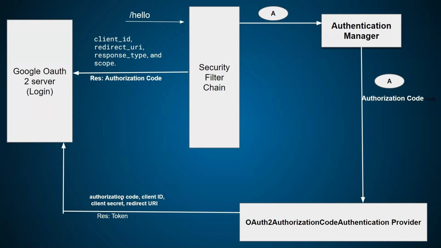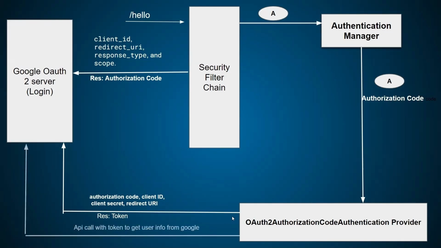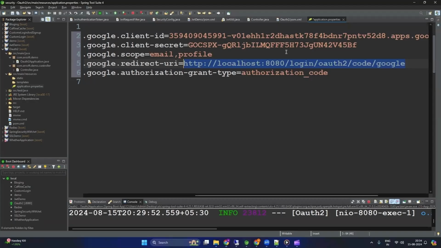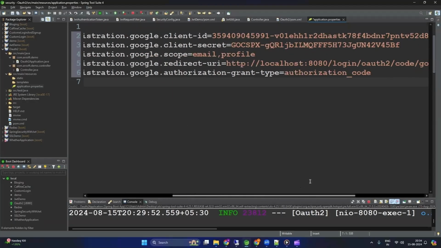Then Google will return the token. Based on that token, our OAuth 2 authentication provider can access the user profile and email. That's why the redirect URL is used.